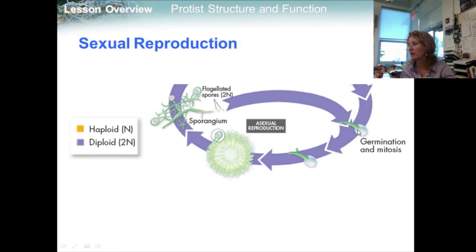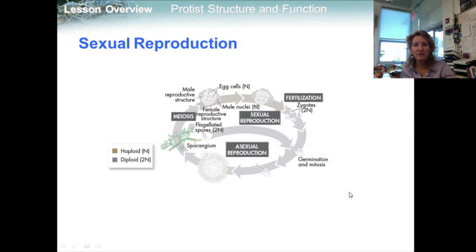Water molds grow into long branching filaments consisting of many cells formed by mitotic cell division. They reproduce asexually by producing spores in a structure called a sporangium, right here. In water molds, the spores are flagellated, which means they have little tails on them.